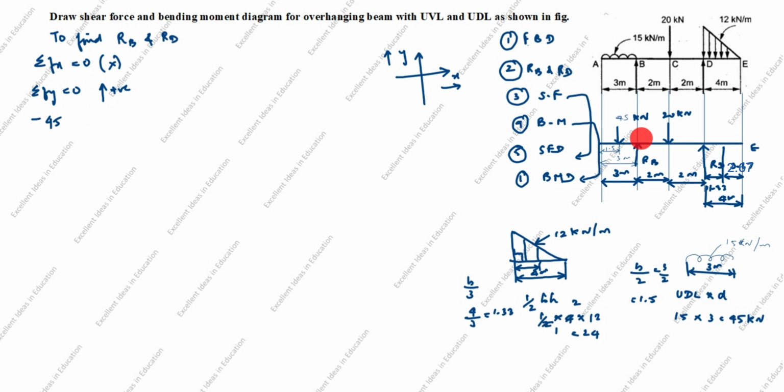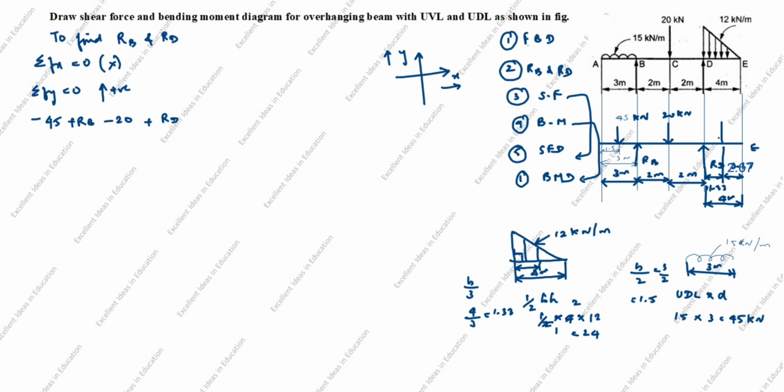Upward is positive. Plus RB. Next comes down. Down is negative. Negative 20. You see this arrow goes up. Up is positive. Plus RD.